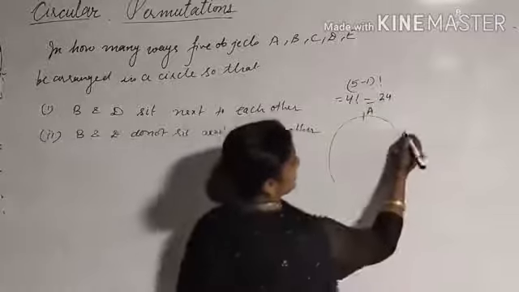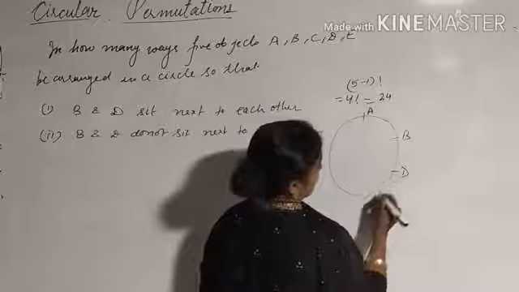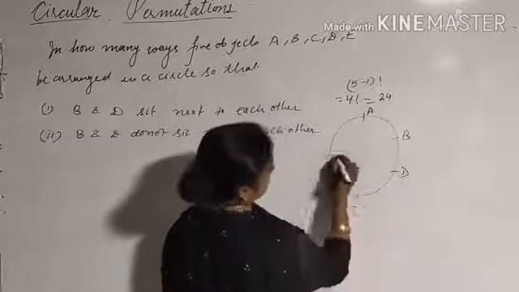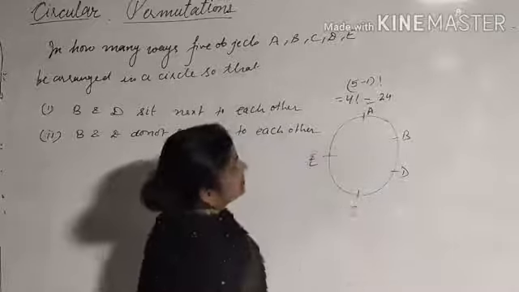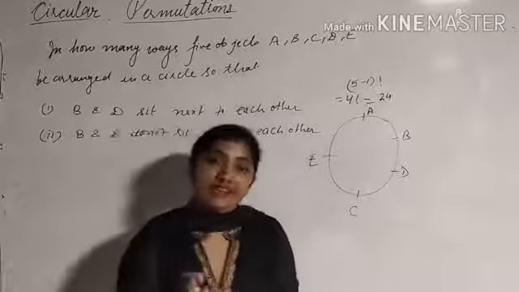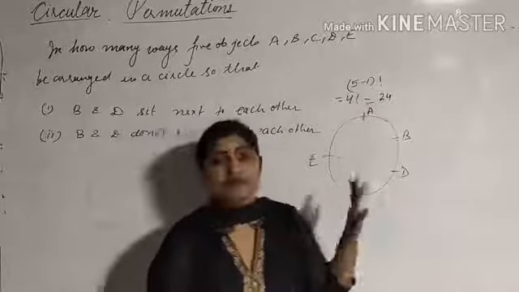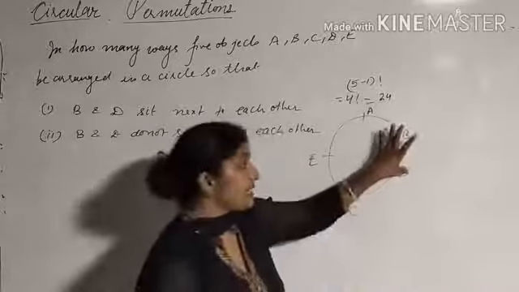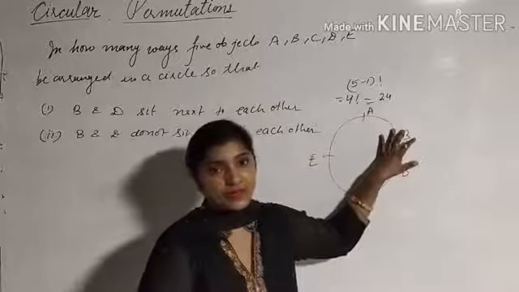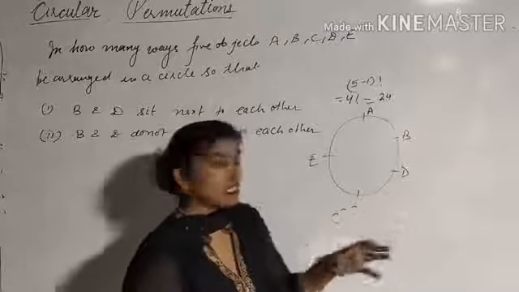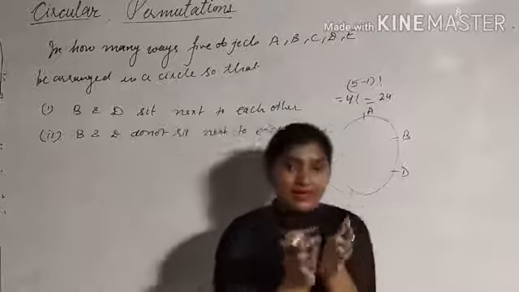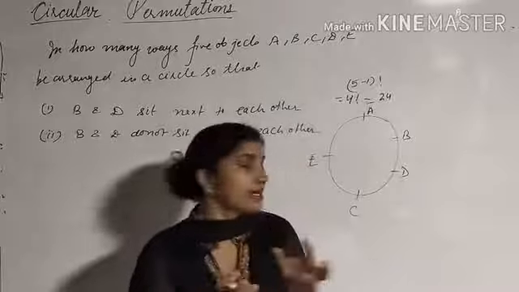So we want to make the arrangement of B and D together. Now every time you arrange these 5 objects on a circle, B and D must come together, right? B and D come together, so you can take B and D jointly as a single object and then arrange.